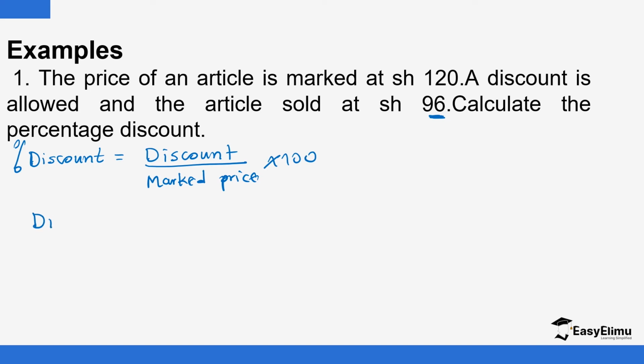So how do you work out discount? Discount is equal to marked price minus reduced price.